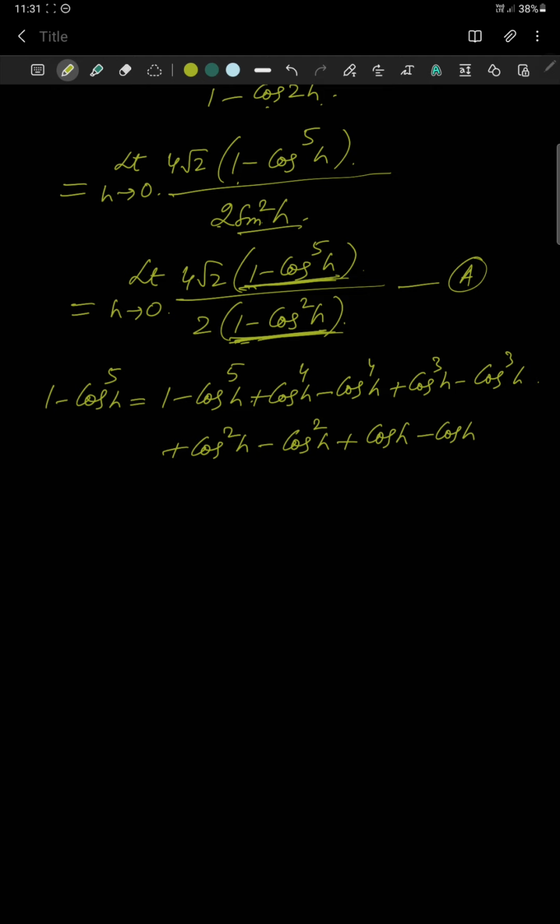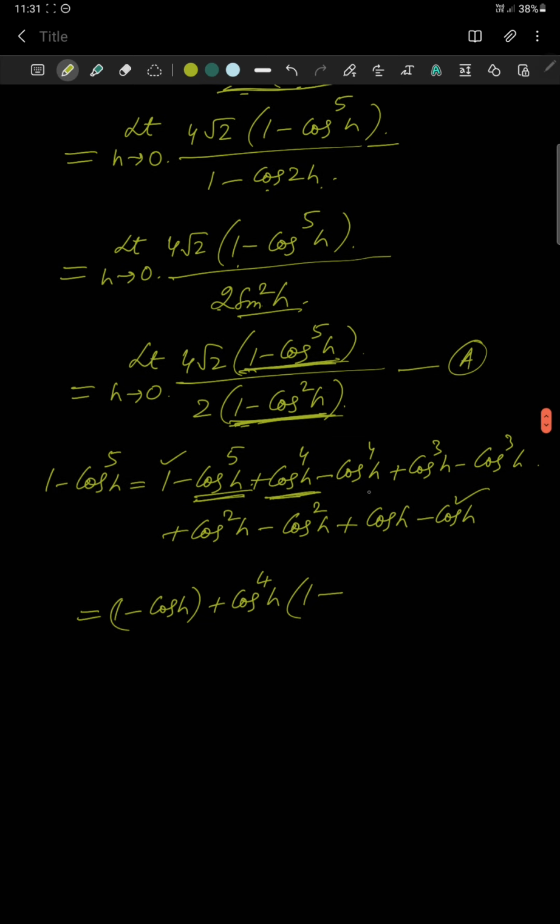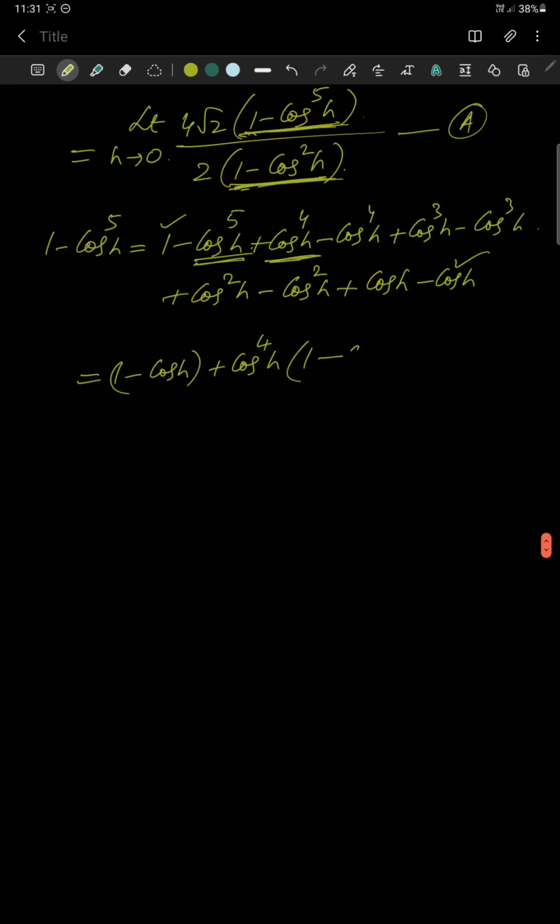That's all. Now this 1 and minus cos h can be clubbed together, which we can write as 1 minus cos h. Out of this cos 4h and minus cos 5h, we can take out plus cos 4h common. From here we will be left with 1, and from here we will be left with cos h only. So that is written as it is.